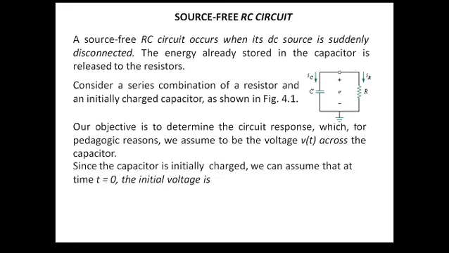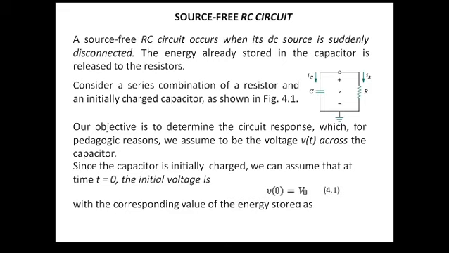Since the capacitor is initially charged, we can assume that at time t equal to 0, the initial voltage is V0, because of the capacitor. V of 0 equals V0.